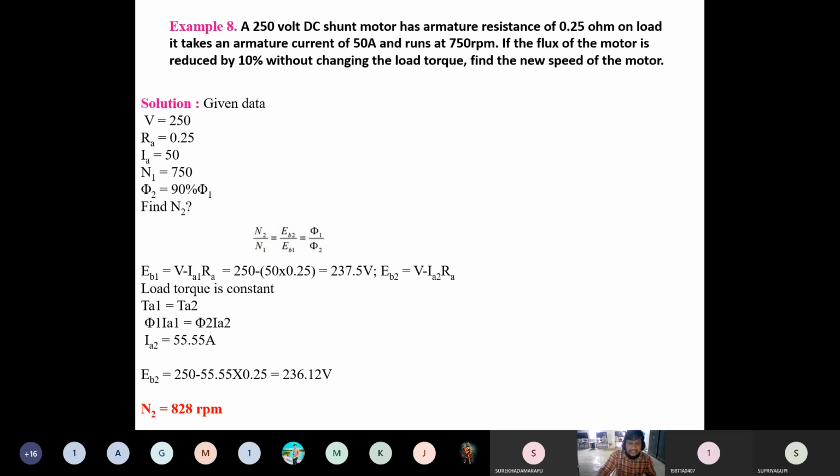EB2 236.12 divided by EB1 237.5, multiplied by phi 1 by phi 2, 1 by 0.9. The value is 828 RPM. So just simple, same relation.